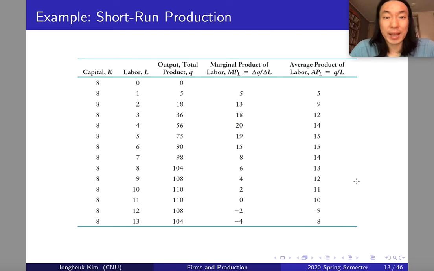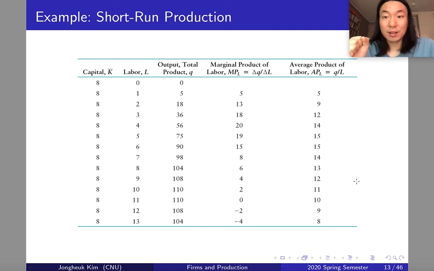So we don't have any marginal product of labor at the first row. But in the second row, we see that our output is increasing from 0 to 5, because the labor is increasing by 1 unit. So this is really a key concept to define the marginal product of labor. As labor increases by 1 unit, the total output increases by 5 units. So the marginal product of labor in this period is 5 units.